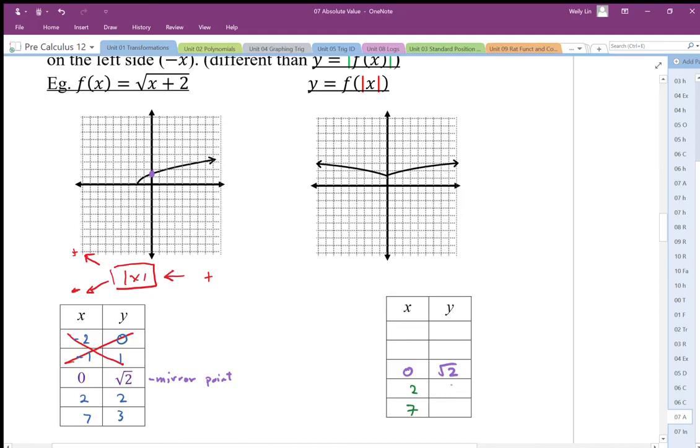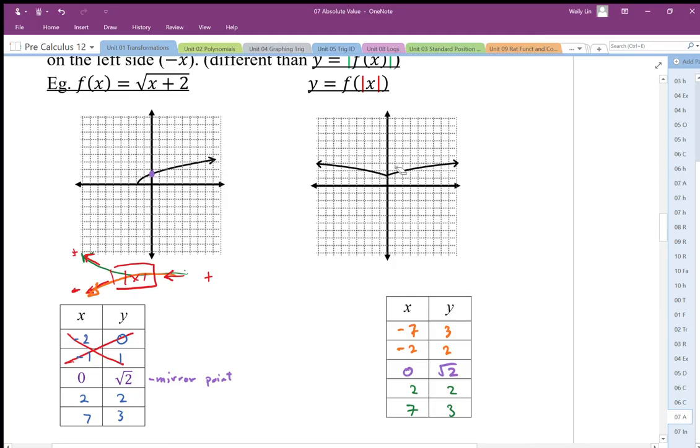I get that, and my y coordinates follow that. But there are other coordinates that go through going this way, and those I have to end up doing negative. So those +2 and +7 come out as -2 and -7, and the y coordinates associated with that follow. This is what happens when I do absolute value on the x.